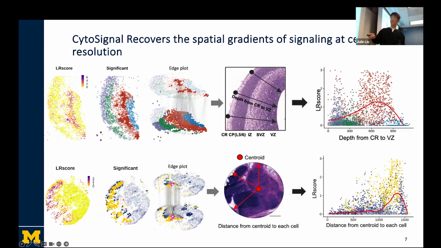And if you plot the scores along the distance from the centroid of the cortex to the edge, you will also see a very interesting line. It basically says the signaling intensity increases from the edge all the way to the radial glia, reaches its top, and then drops again.